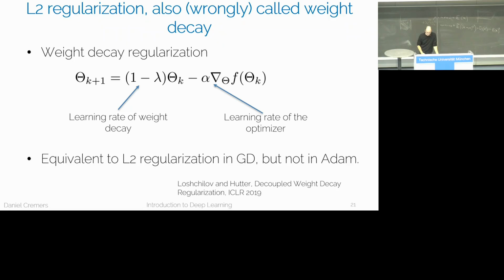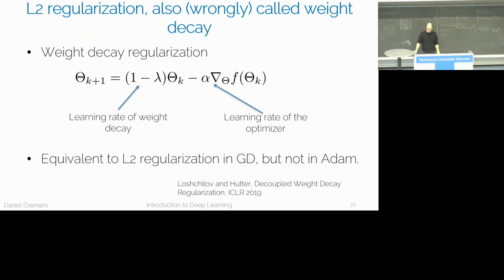But in weight decay regularization, rather than starting with theta k, I start with something slightly smaller than theta k. Let's say 1 minus lambda, and lambda could be 90% or something, so 0.9 times theta k. So I would always start with something slightly smaller and then do a gradient descent.